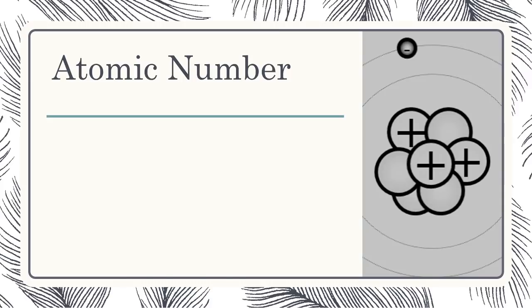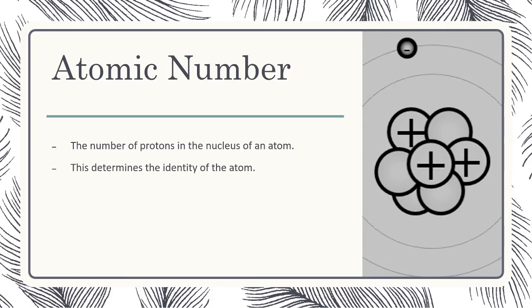The atomic number is the number of protons in the nucleus of an atom. So ultimately, that's giving me the definition of the atom. Okay, that's a very important part of the atomic symbols. And when you look at those, you usually see a number above.